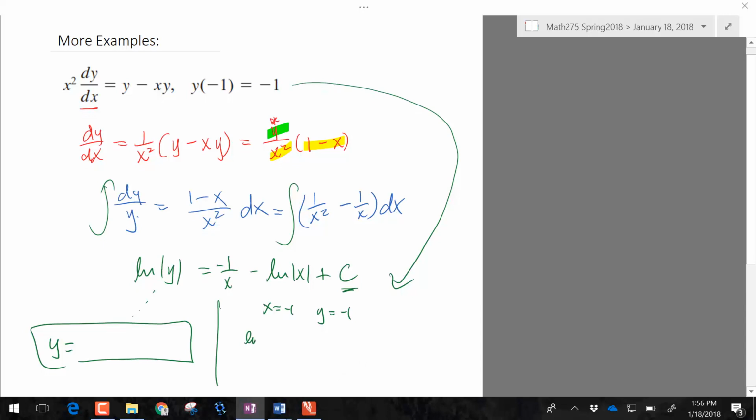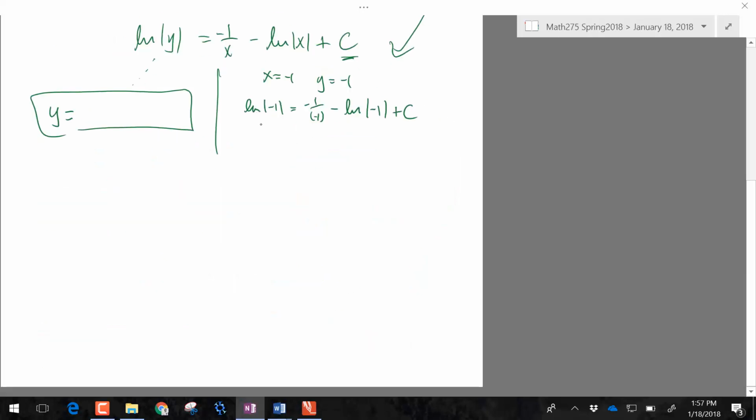So ln of the absolute value of -1 is equal to -1 over -1 minus ln of the absolute value of -1 plus c. See what happens. What do we get? So c is equal to -1.